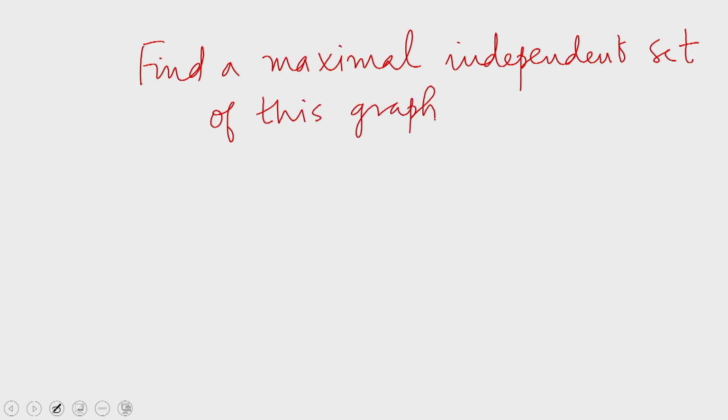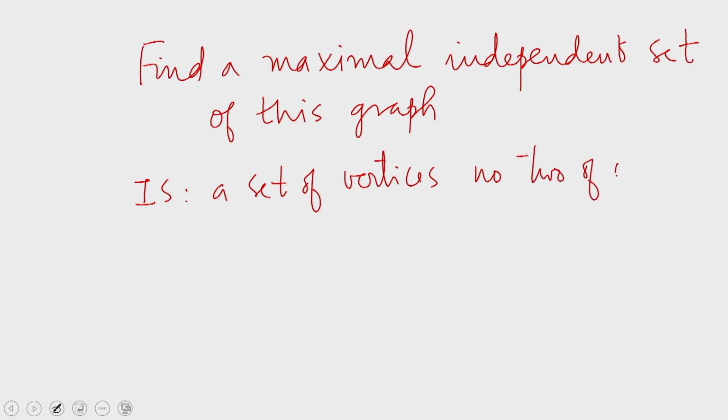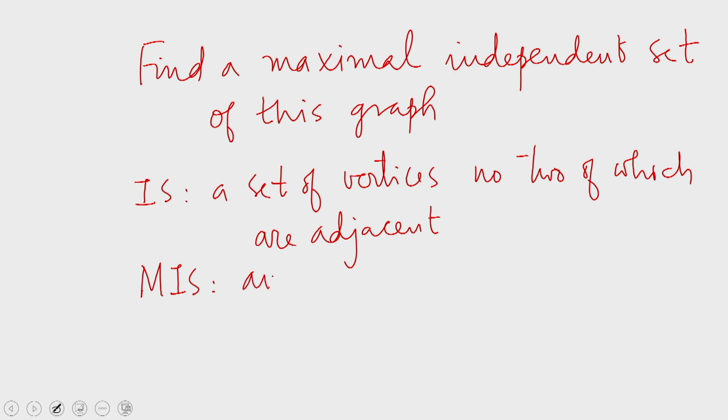You know what a maximal independent set is. An independent set is a set of vertices no two of which are adjacent. A maximal independent set is an independent set that is maximal.